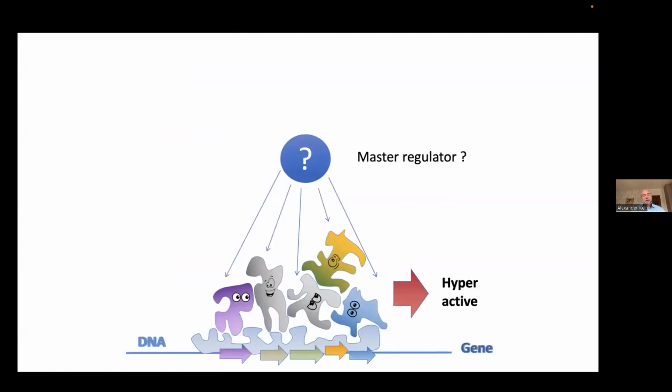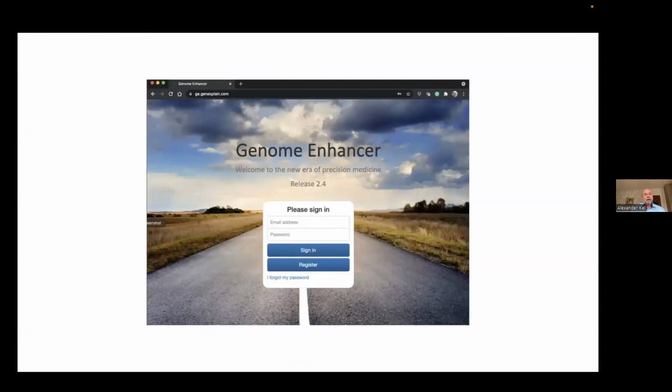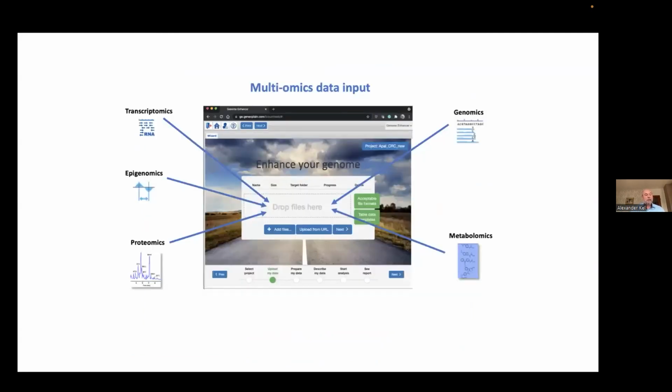So in the last few minutes, I would say, okay, we found the factors, and now we want to go further, as you've seen in the first slide. We want to find the master regulators, and finally we want to find the drugs. For that, we have a tool we call Genome Enhancer, which can do it practically automatically.